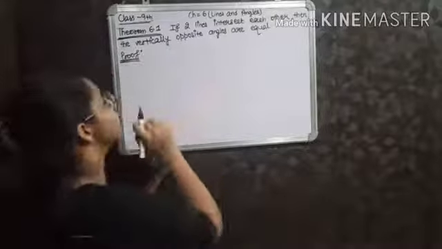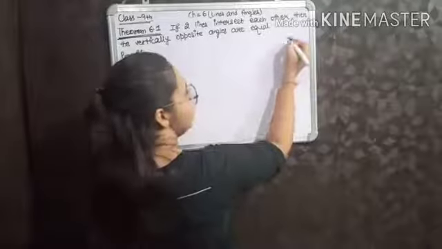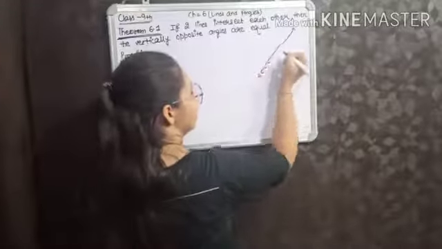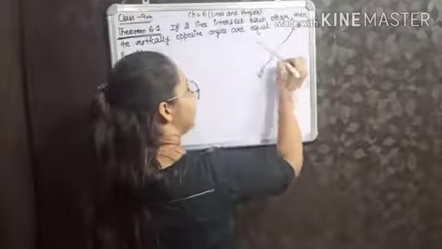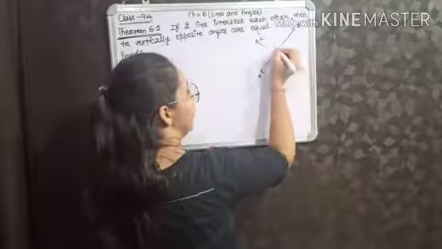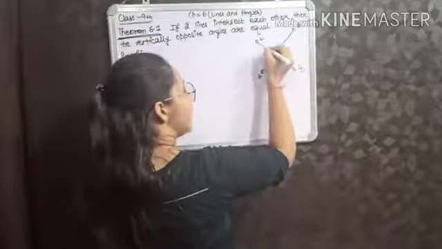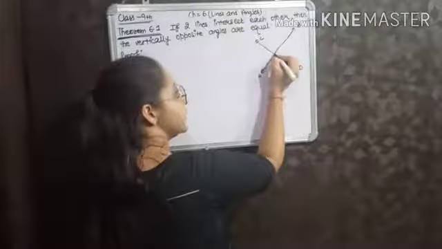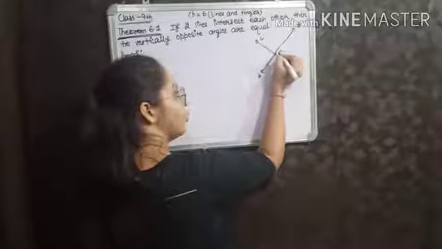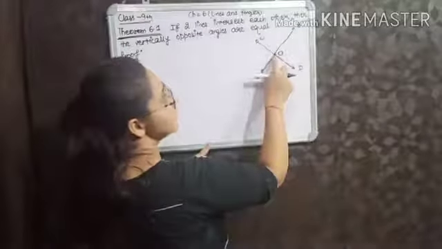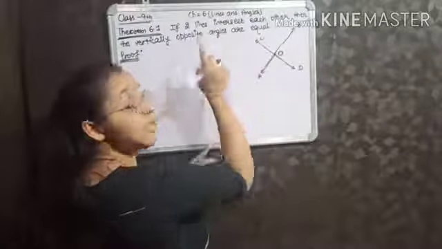So now let us do the proof. First of all, we take two lines. This is one line AB and this is the other line CD. These two lines are intersecting each other. Now let us take this intersecting point as O. Now according to the theorem, if two lines intersect each other, then the vertically opposite angles are equal.